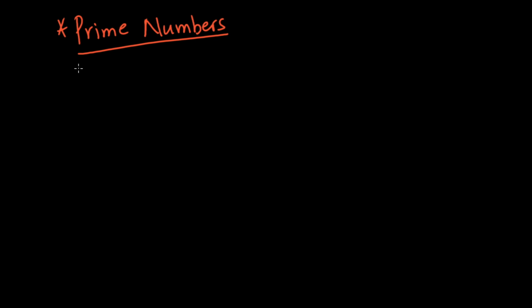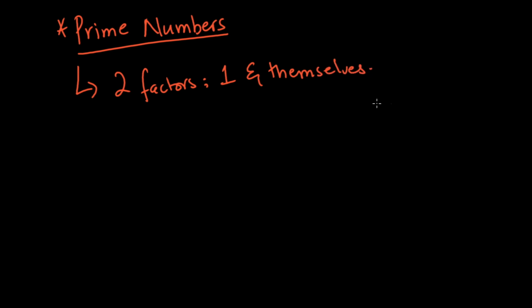Okay, so what are prime numbers? Prime numbers basically are numbers that have only two factors, 1 and themselves. So an example of a prime number would be something like 5.